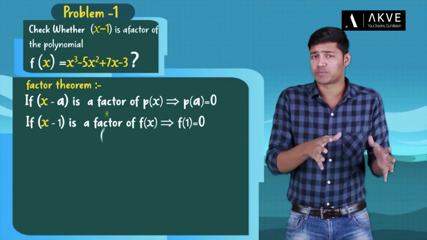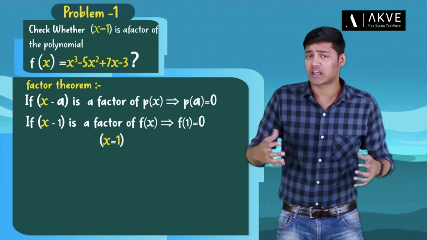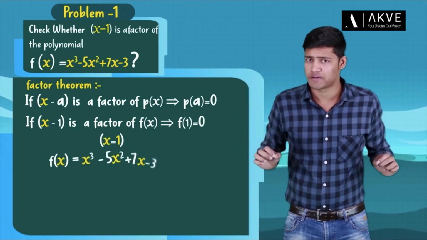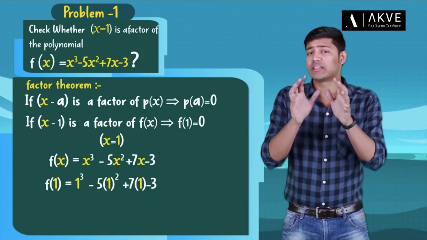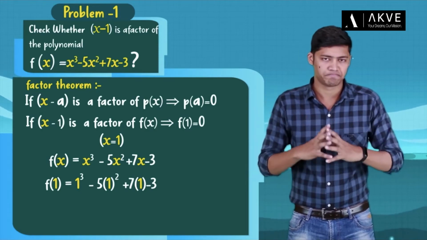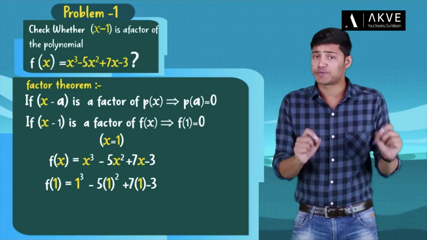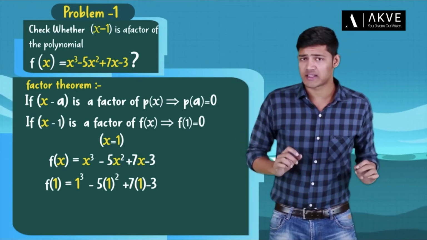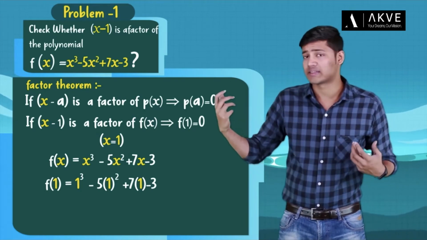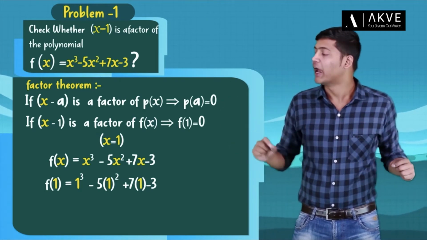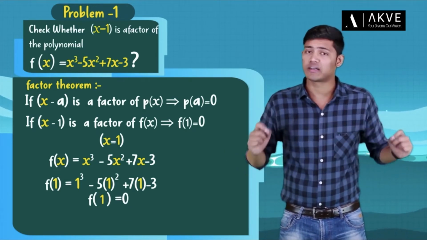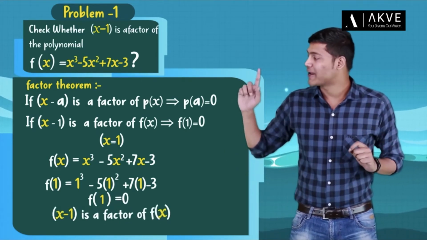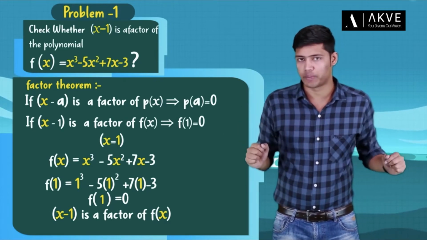Therefore, we have to substitute 1 in place of x in the polynomial f of x. That is, we have to find f of 1 and check whether it is equal to 0 or not. So, if we substitute 1 in place of x, we can clearly see that f of 1 is equal to 0. Therefore, from the factor theorem, we can conclude that x minus 1 is a factor of the polynomial f of x.